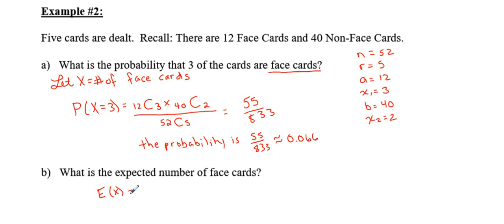So the expected value is the group size, which is R, which is 5 cards, times the probability of a face card, which is A, because there's 12 face cards, out of N, which is 52, because there's 52 cards. So that is 12 out of 52. And that works out to approximately 1.15.